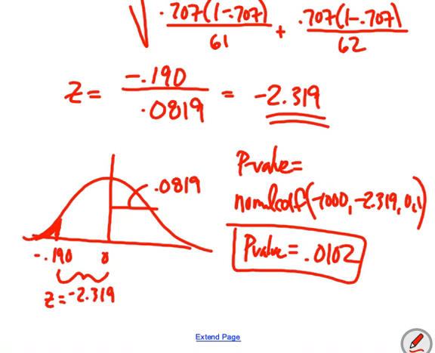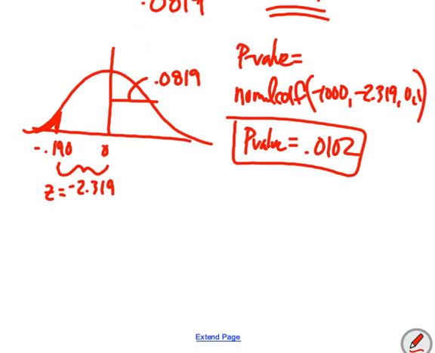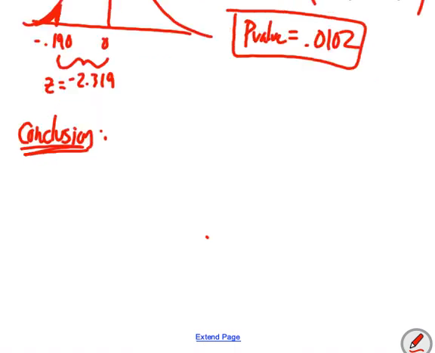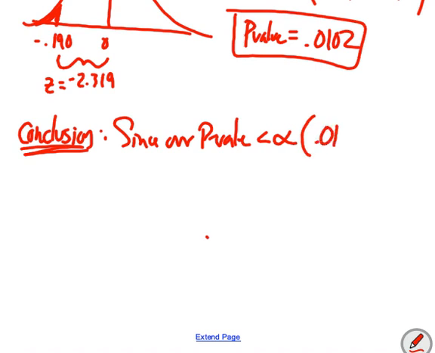So we kind of go back to that idea. This is all the calculation part, and so we finish with our conclusion here. Okay, our conclusion would be something to this effect. Since our p-value is less than alpha, and again, make that specific connection there, put the numbers in there.